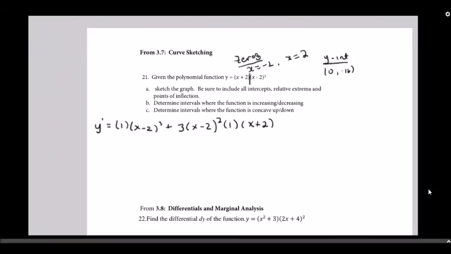Now simplifying this, we have x minus 2 here as a common factor. So we can factor out x minus 2 squared. That's going to leave x minus 2 plus 3 times x plus 2.